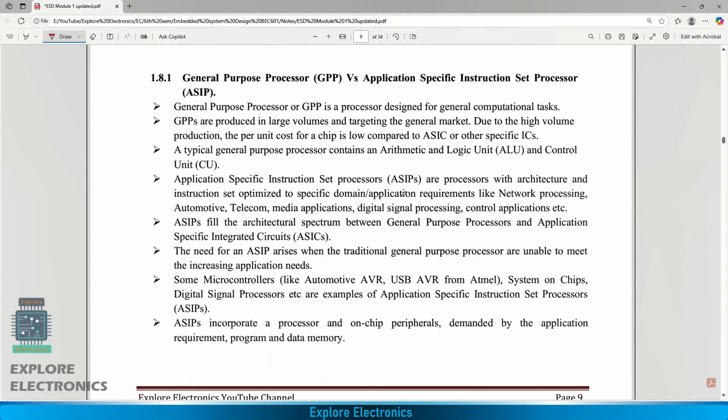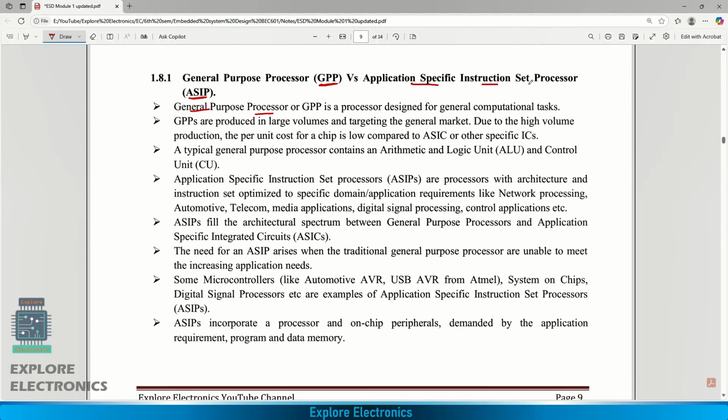In this we need to understand what is a general purpose processor, we call it GPP, and what is an application specific processor, that is ASIP. A general purpose processor, in the sense it gets programmed and it will do the functionality. Whatever programming we do, that processor accepts.